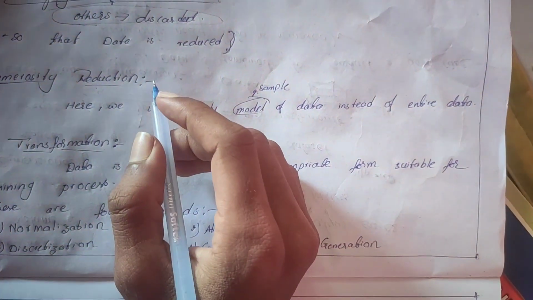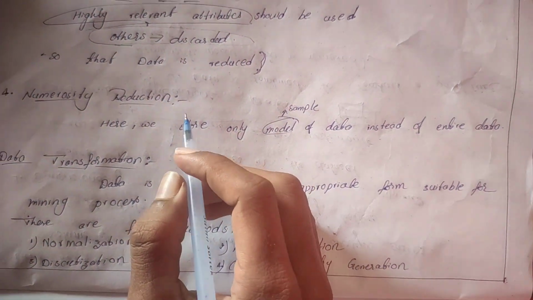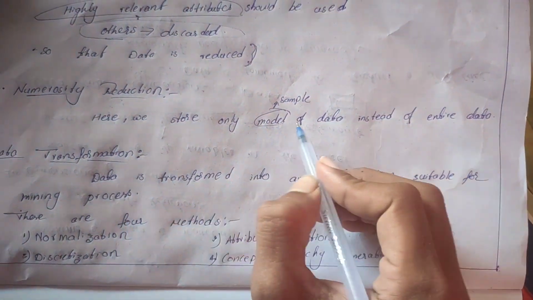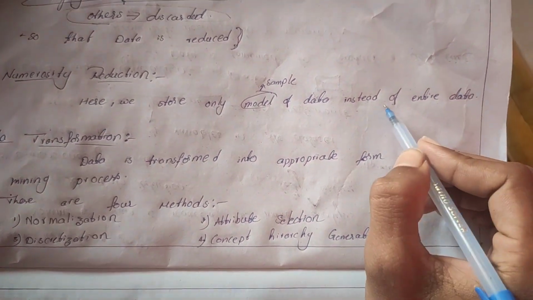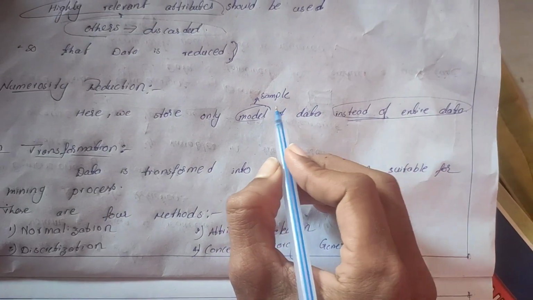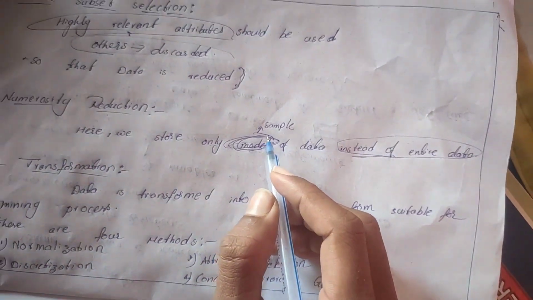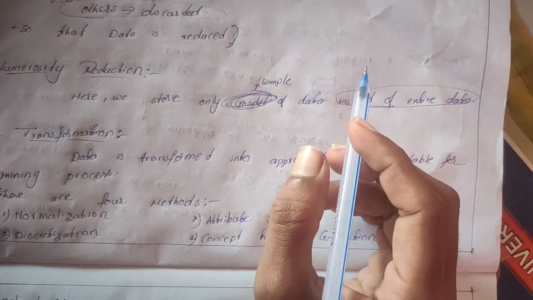The next one is numerosity reduction. Here, in numerosity reduction, we'll store only a sample of data instead of the entire data, or a model of the data, so that for reference purposes it is very easy.